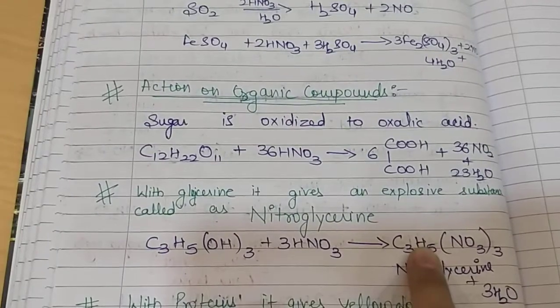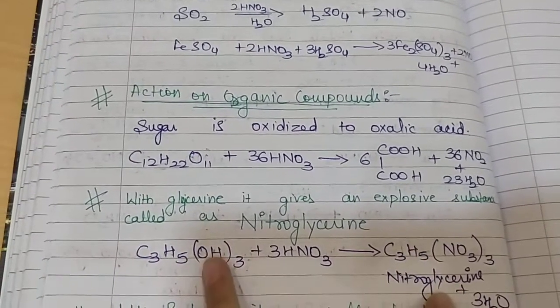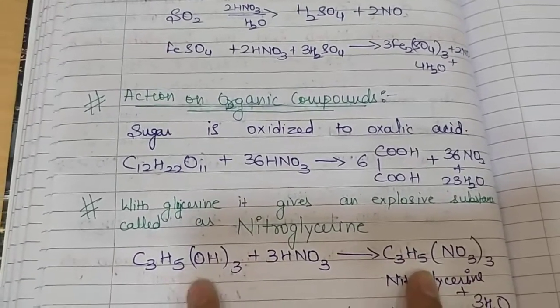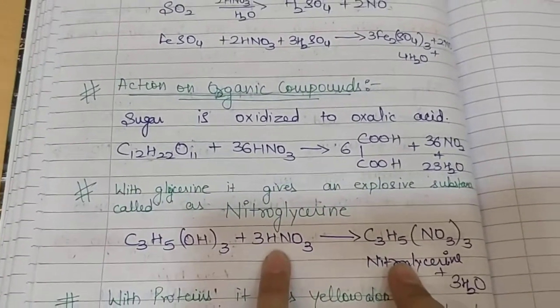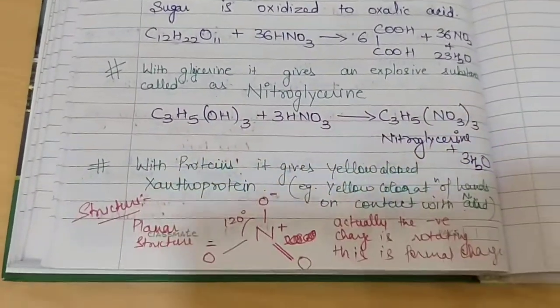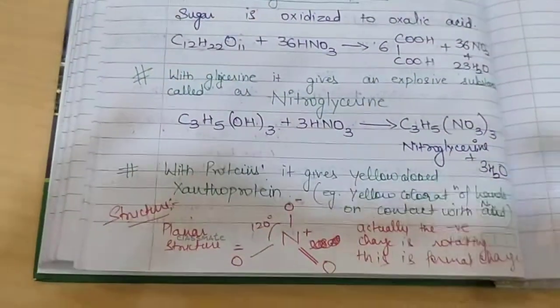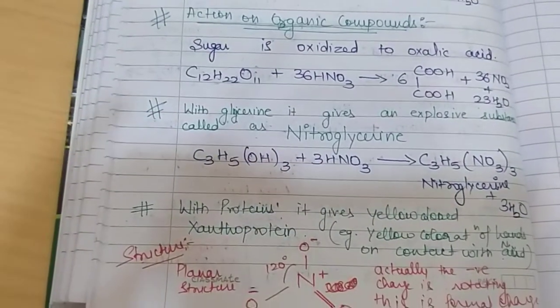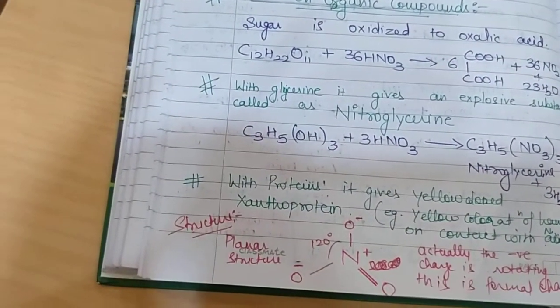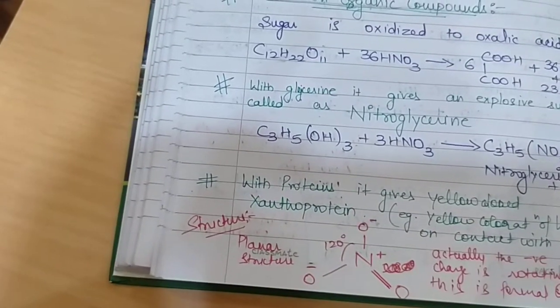This is the formula of nitroglycerin. With glycerine, this is the formula for glycerine. When it is reacted with nitric acid, it produces nitroglycerin, which is a highly explosive compound. And this is a very interesting point, that when our hands or our skin comes in contact with nitric acid, a yellowish color appears on our hands.